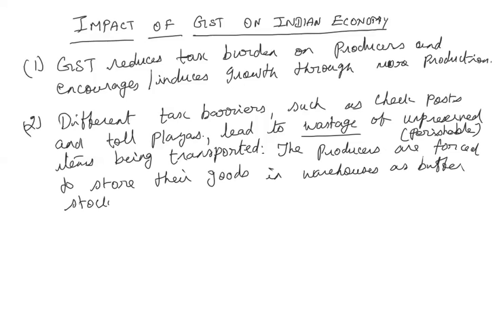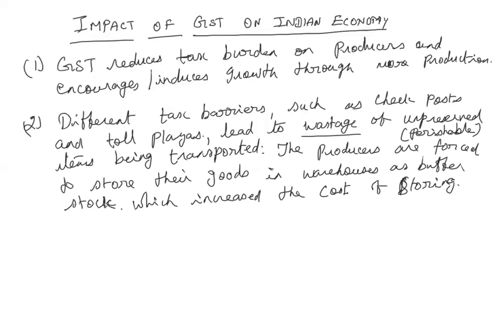So since they cannot transport the goods immediately because of the delay in all these places, the producers are forced to store their goods in the warehouses as buffer stock, which increased the cost of production or cost of storing, whatever it is. Ultimately, the cost for the producer is increasing.